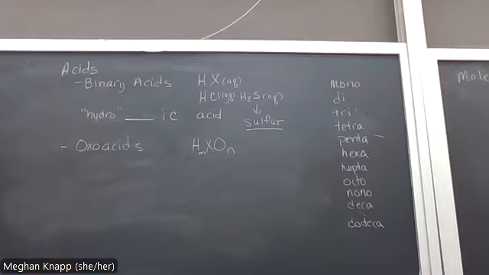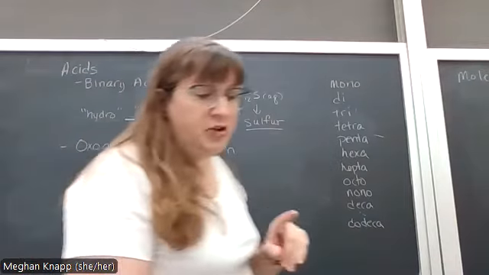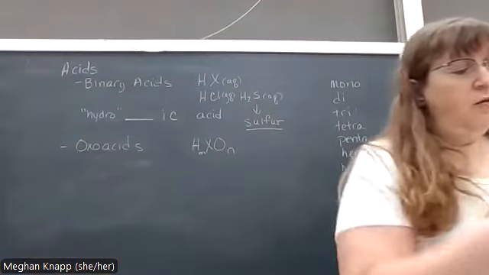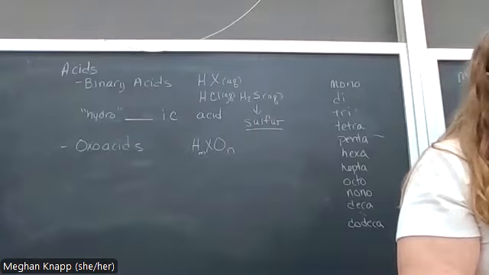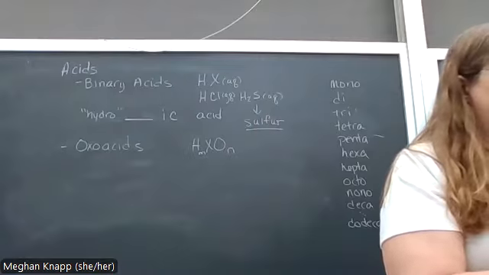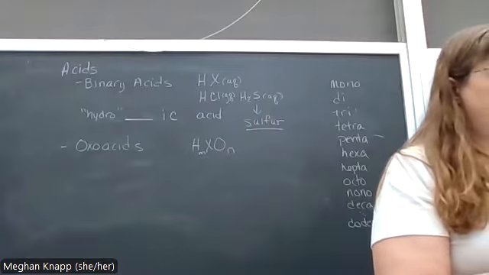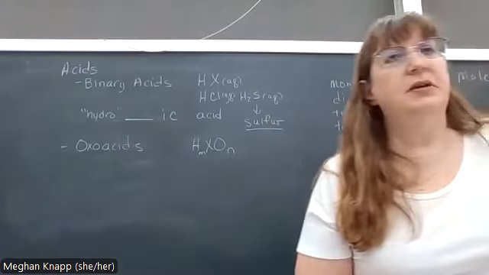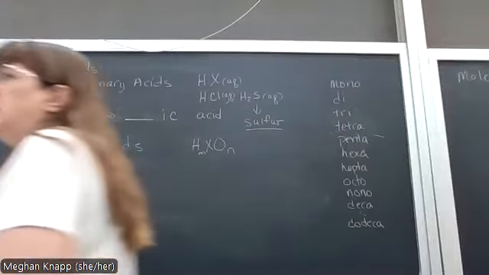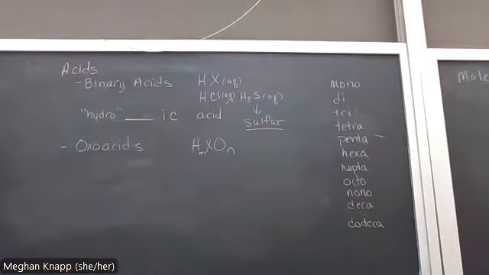Okay, so if you look at the top, for all of the bold ones that I told you to memorize, all the ones that end in ate, nitrate, phosphate, sulfate, what does the ending become for the acid? Ic. Okay, so anytime you have an ate, you're just going to turn it into ic.